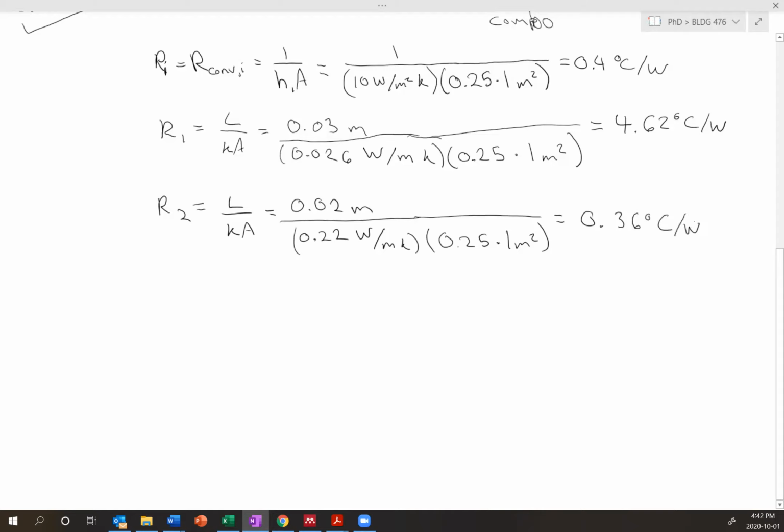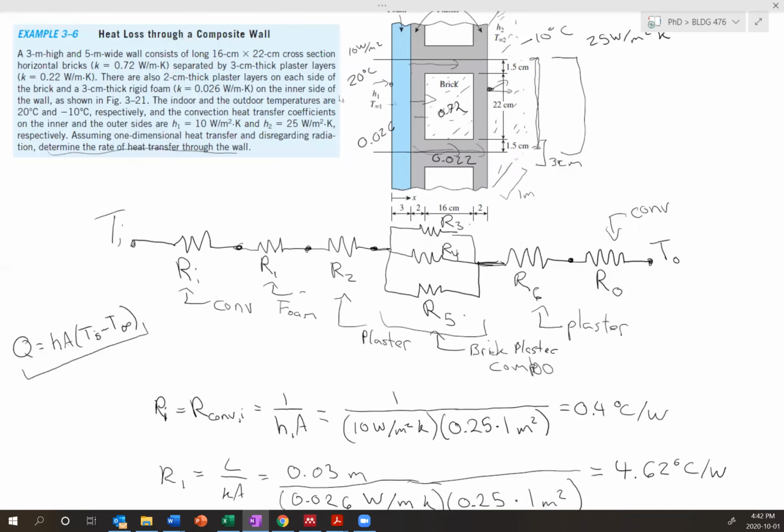All right. And also saving us a bit of time, our R3 is equal to our R5. As we recall, R3 and R5 are the two sides of the brick that are symmetrical. So those will be the same.